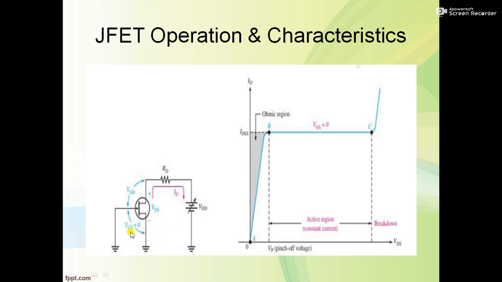At the initial stage, VGS is equal to 0 volt. When we slowly increase this supply voltage, the voltage between drain and source also slowly increases. As VDS increases, the drain current automatically also increases.